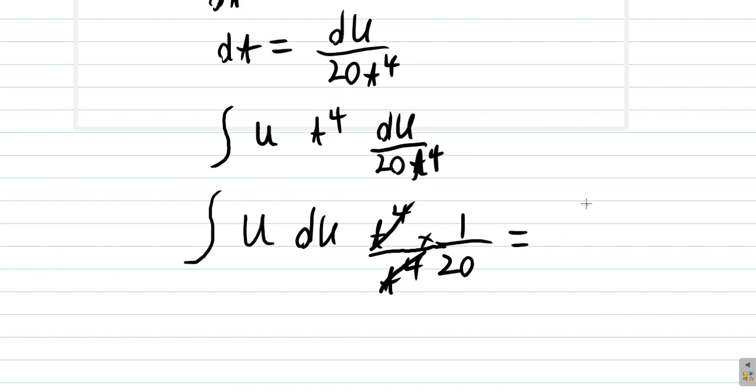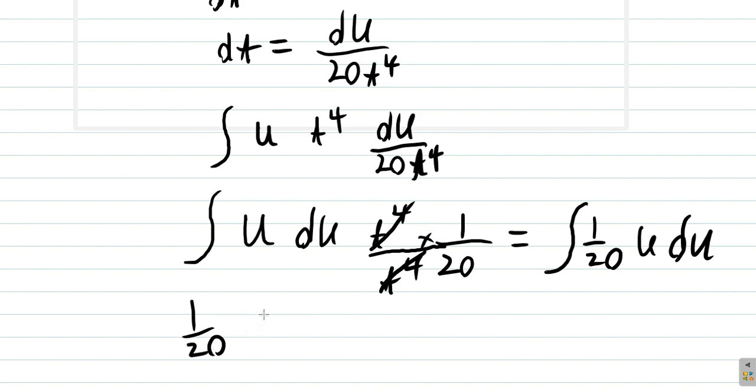So this is equal to the integral of 1 over 20 u du. I could put the 1 over 20 outside of the integral sign. So you have 1 over 20 times the integral of u du.